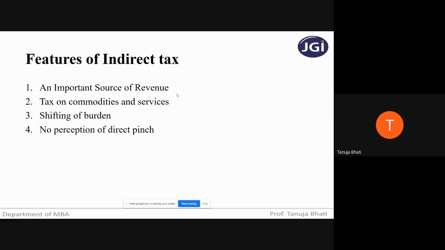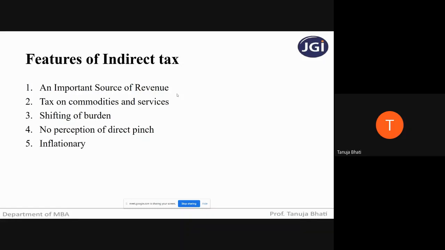Since the value of indirect taxes is already in the price of the commodity, most taxpayers will not feel or know that they are actually paying tax to the government. When he doesn't realize that he's paying tax to the government, there is no direct pinch of paying the tax. So indirect taxes usually have no direct pinch.